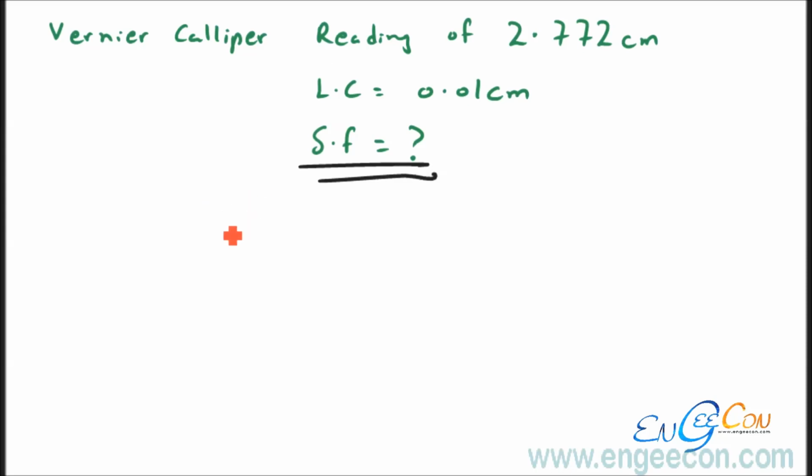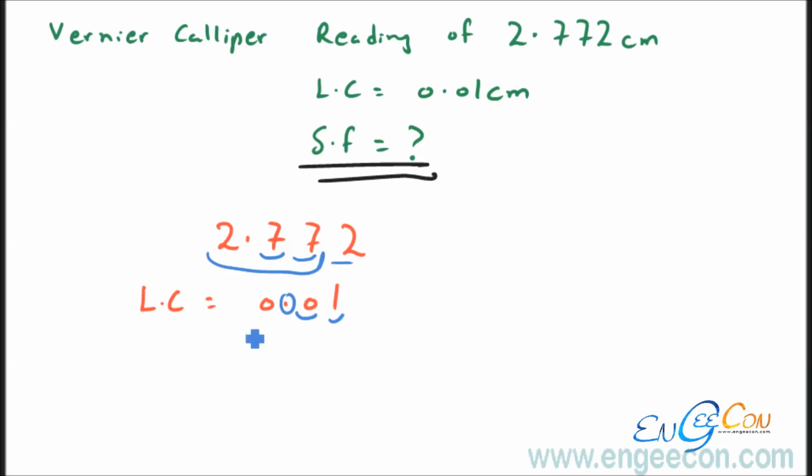As we know that the reading is 2.772 and least count is 0.01, we can see that we have two digits after the decimal, so we take two digits after the decimal and drop the other one. So the total significant figures in the reading is 1, 2, 3. Three significant figures.